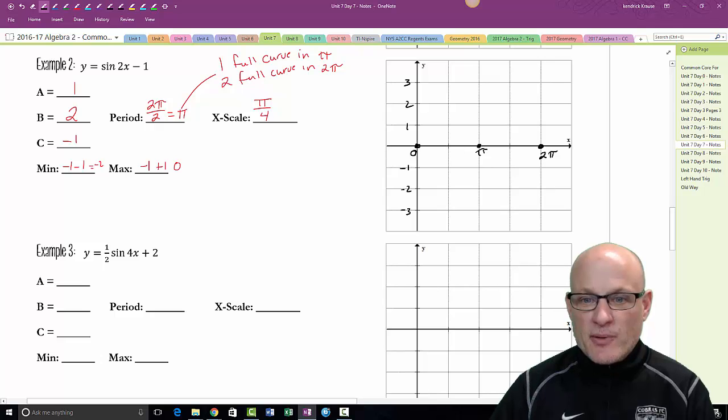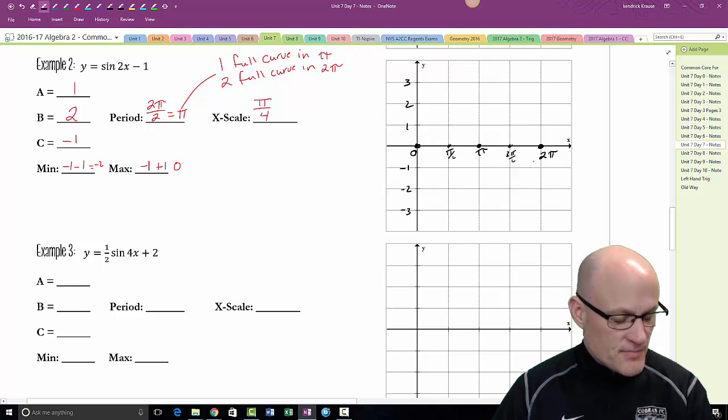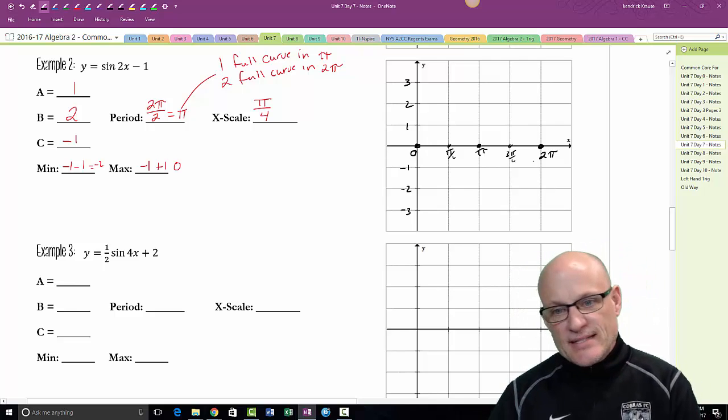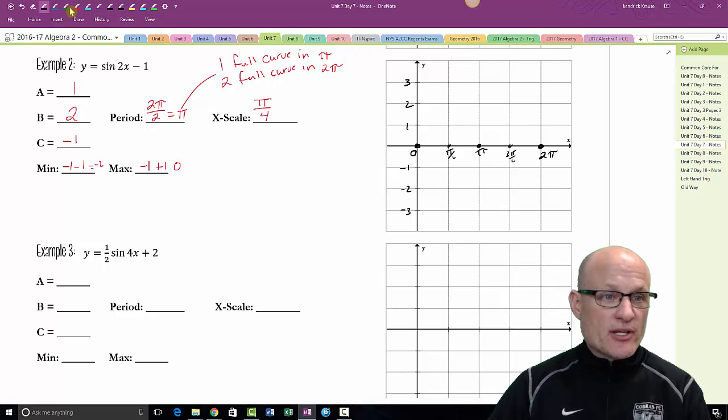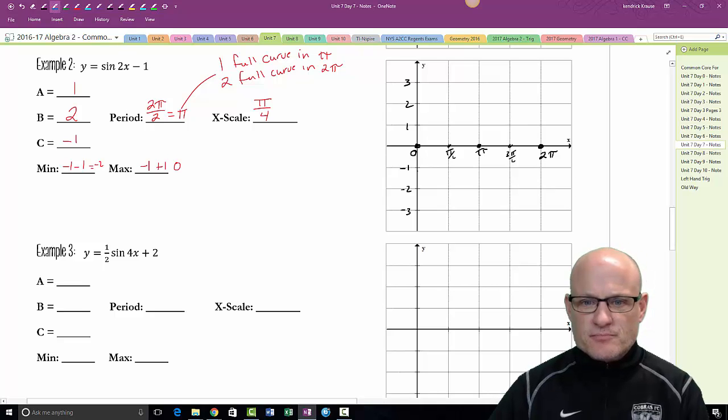This would be pi. And this is pi over 2. And then this is 3 pi over 2. Now, it's going to get a little crazy, but I think we have to do it this way. So let's draw in the midline of negative 1. It's a dotted line because it's really not part of the graph. It's like a hidden line that we use.